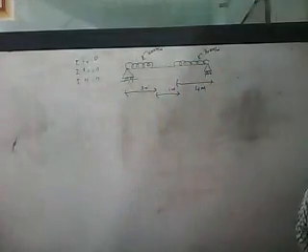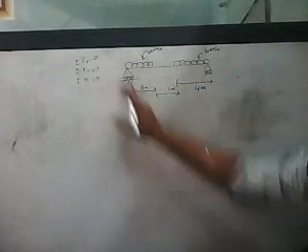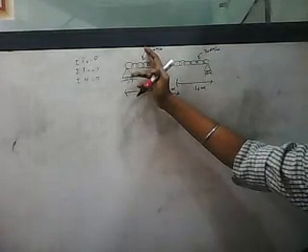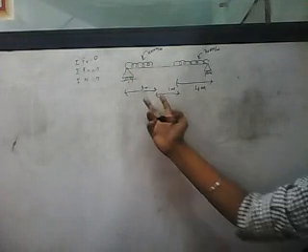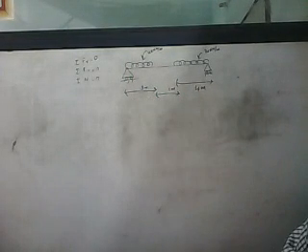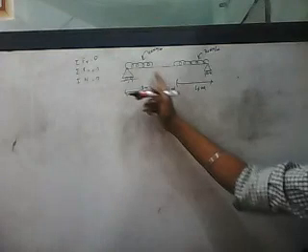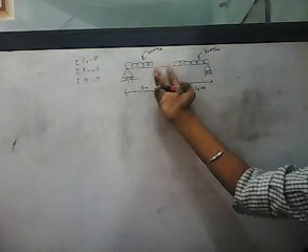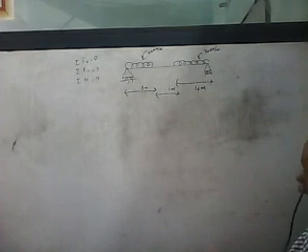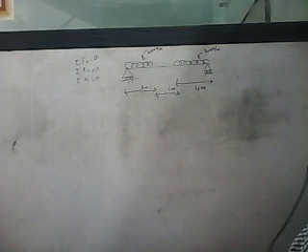Is the question clear to you? This beam contains two UDLs of 40 and 30 kilonewton per meter, on 3 meter and 4 meter lengths respectively, and the distance between both UDLs is 1 meter. Right now we have to solve this question.